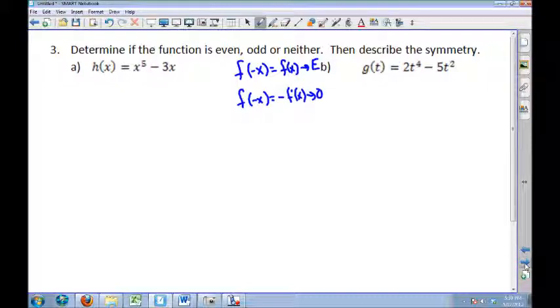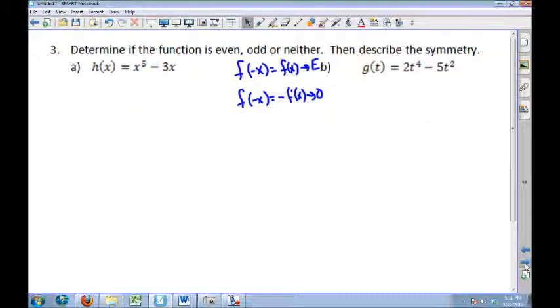Remember that these even and odd functions get their name from the powers of the functions we're talking about. So my expectation is that this function will be odd and this one will be even.